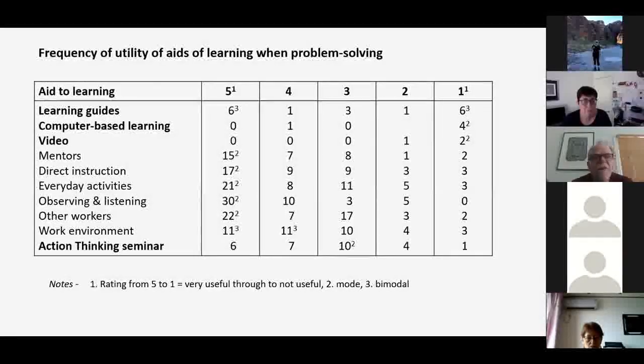And this allowed me to aggregate all of these responses to these critical incidents over a period of time. On this table, the responses are aggregated, and the ones on 5 are obviously most helpful through to 1 which are least helpful. And in this table I've highlighted the 4 processes that were particularly sponsored by the workplace.